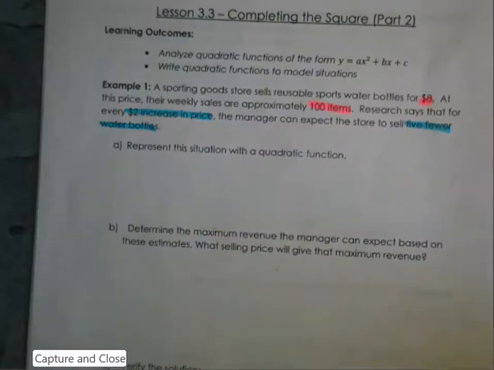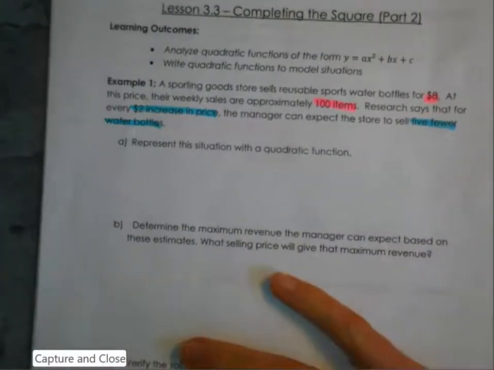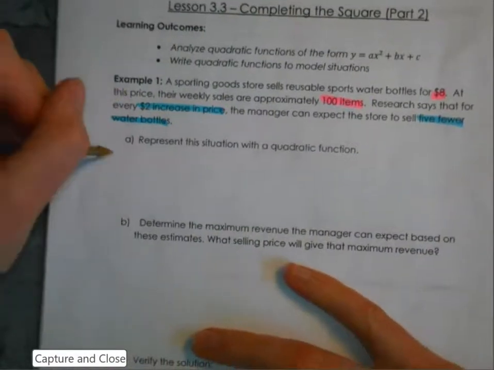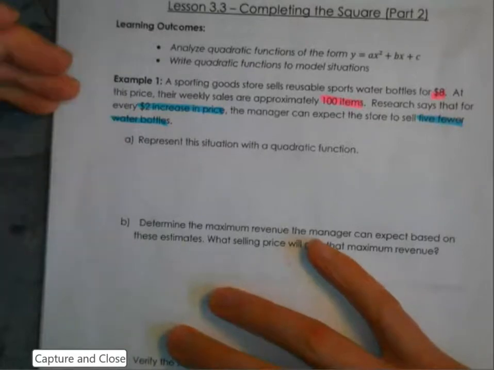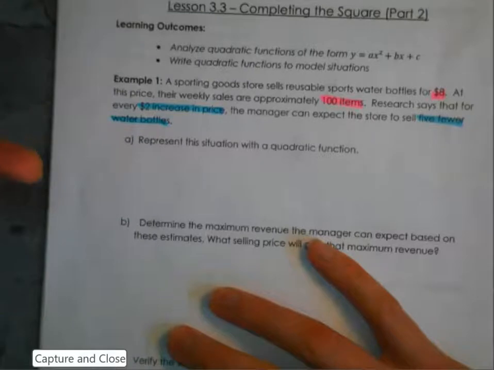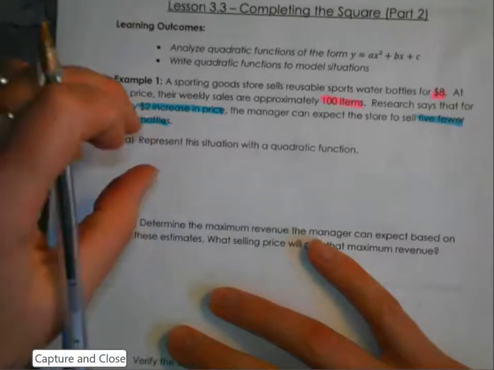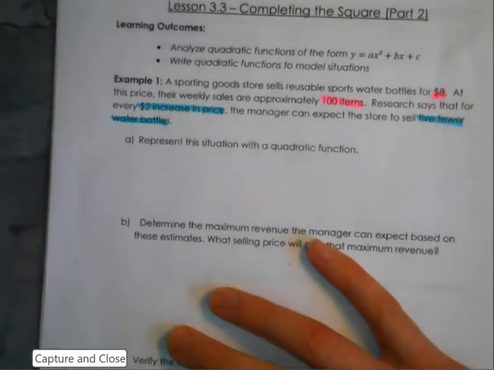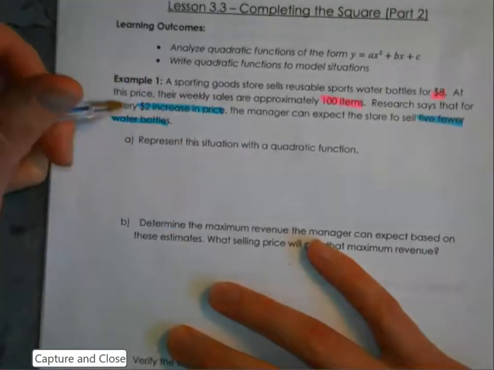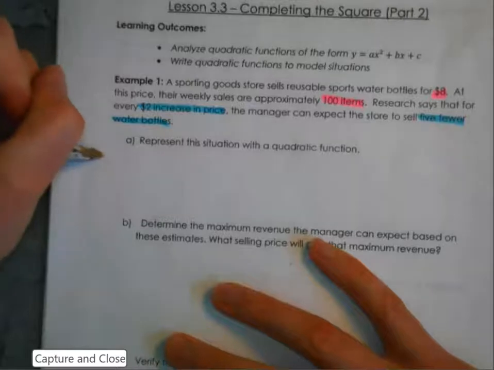So the first thing we want to do is represent this situation with a quadratic function, okay? And so remember that, especially with these types of revenue questions, the basic formula for revenue is the cost of the item times the number of items sold. So we basically need to come up with an expression to represent each of those things.